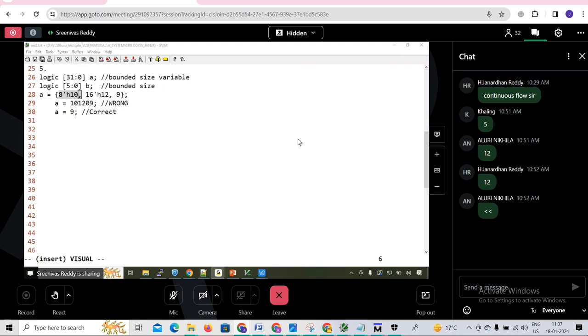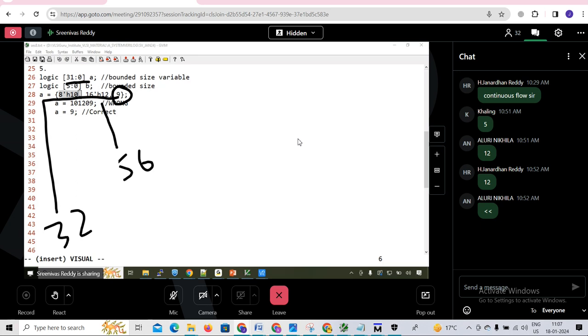Now when you do A equal to this operation, on the right hand side you have 56 bits. On the left hand side, what is the size of A? 32 bits. So what is this scenario? The right hand side vector is bigger than the left hand side. So how will the assignment happen? Only the LSB bits will be taken. What are the LSB bits of this vector? 9.